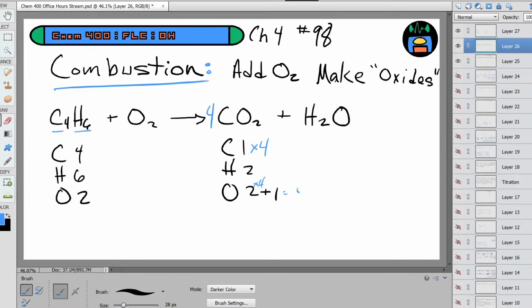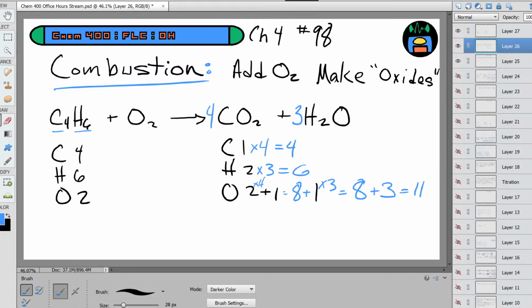So now we have 8 plus 1 oxygens on our product side and 4 carbon. To balance hydrogen, we're going to multiply H2O by 3. So it's 8 plus 3, or 11.